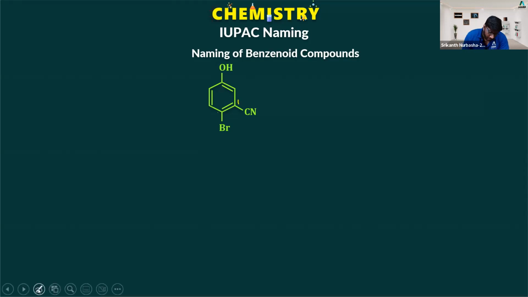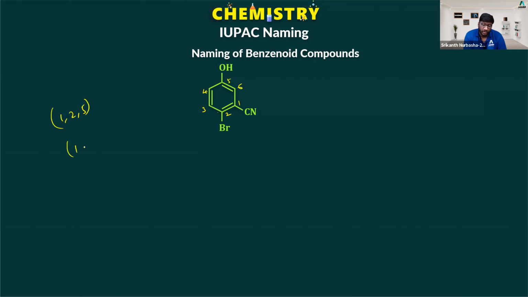Now in this case, CN is a functional group, so that has to be given the first number. Now we can proceed in two ways: 1, 2, 3, 4, 5, 6, or the other way, 1, 2, 3, 4, 5, 6. Which way is correct? If I proceed this way, I am getting the set 1, 2, 5.